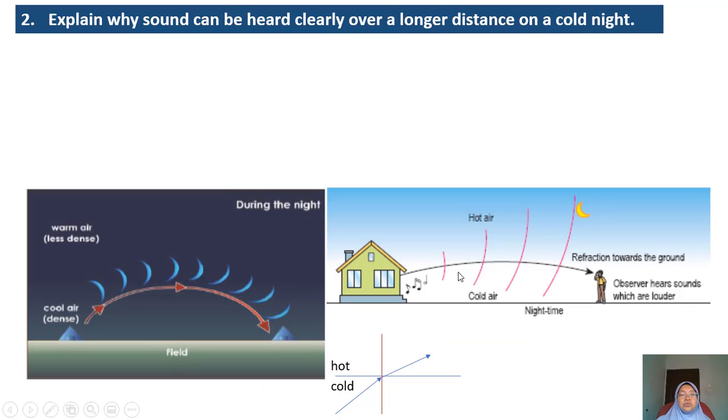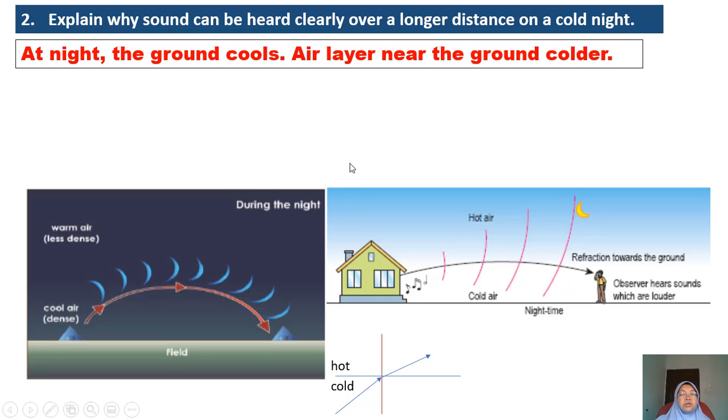Okay, next question. Explain why sound can be heard clearly over a longer distance on a cool night. During the night, the air near the surface is cooler. When the sound moves outward, it moves from cool air to hot air. This is the boundary, and here is the normal line.